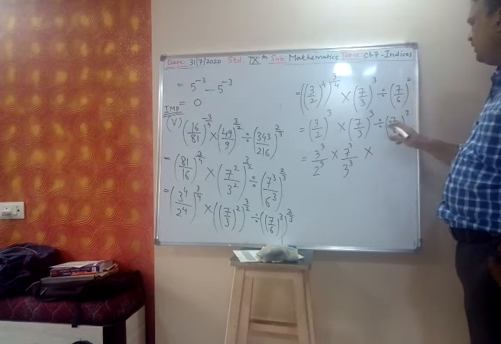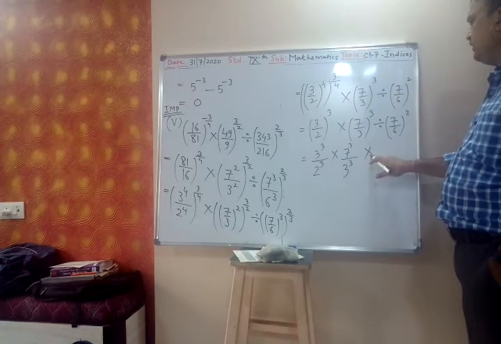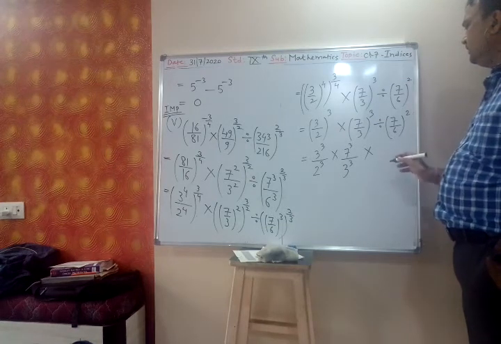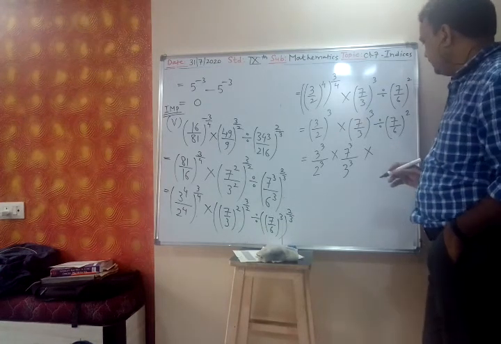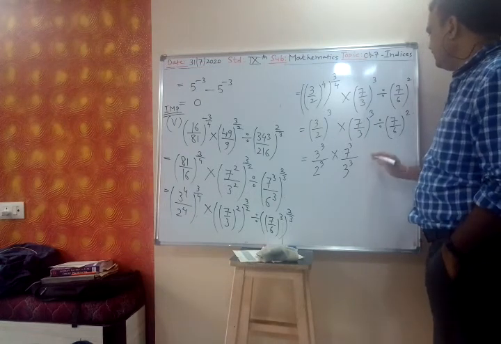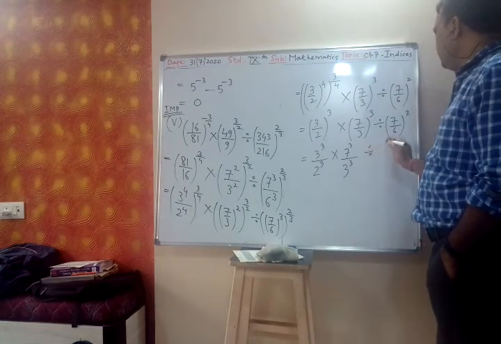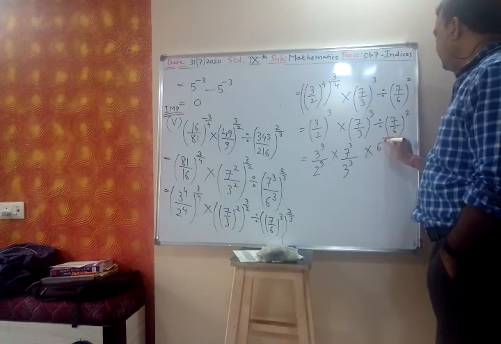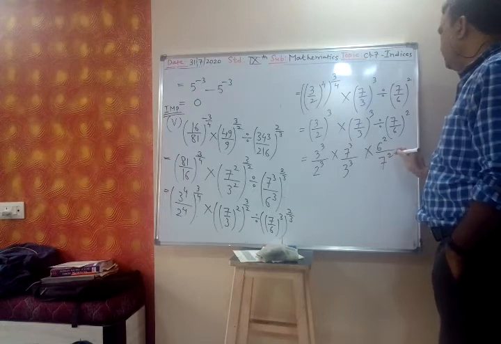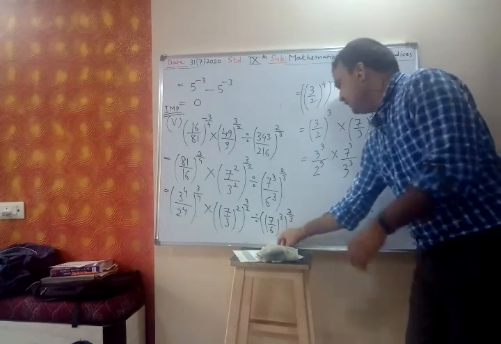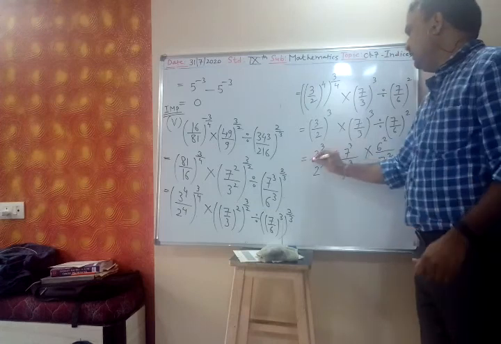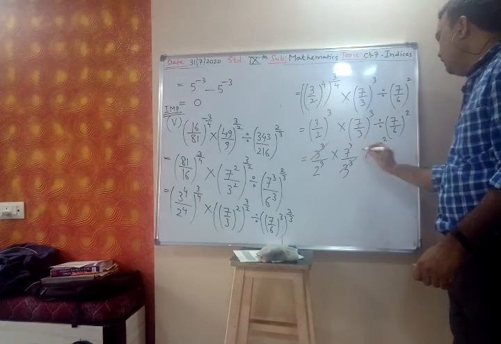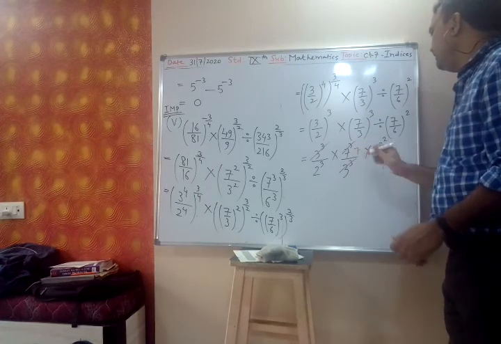Now take the reciprocal. Division we are converting into multiplication, so that will be 6 raised to 2 upon 7 raised to 2. Now we can simplify. See, this 3 raised to 3 get cancelled. Then 7 raised to 2, 1 get cancelled. What is left? 1 7 is left.